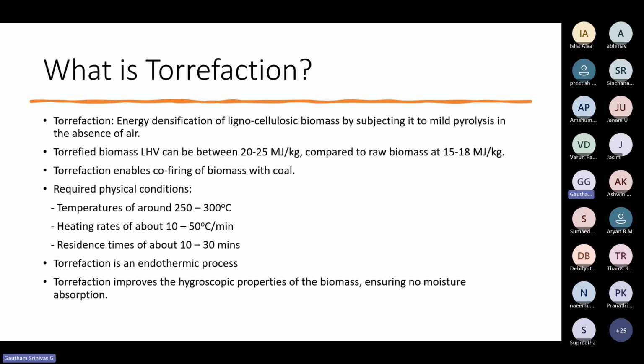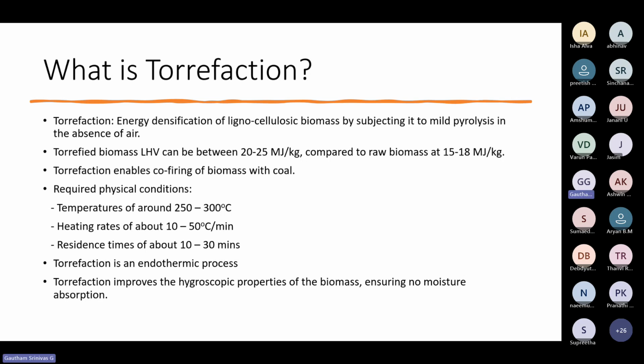Very important to note, torrefaction is an endothermic process, which means the process requires heat. And because there is no other process happening simultaneously along with torrefaction, we have to supply the heat in the form of, let's say, flue gas, waste heat, or whatever it is, or we have to burn some fuel to provide that heat.